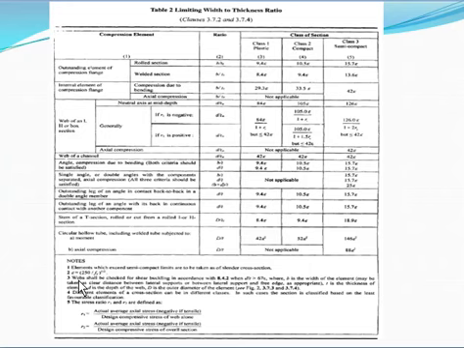The width to thickness ratio of the plate element shall be less than that specified under class 2, compact, but greater than that specified under class 1, that is plastic. See in the table, please see the table, table number 2.